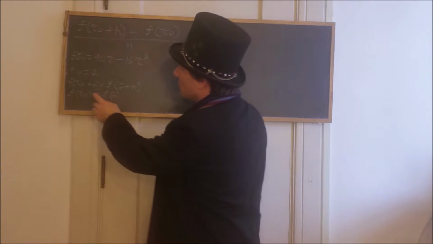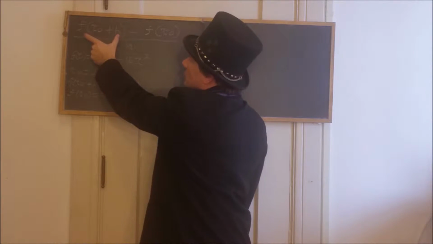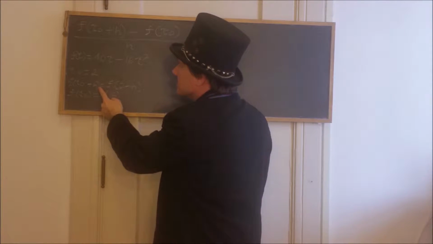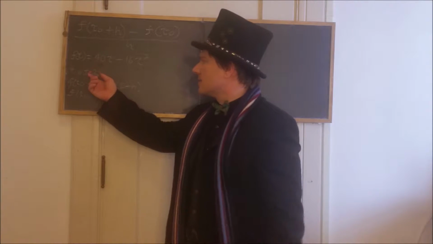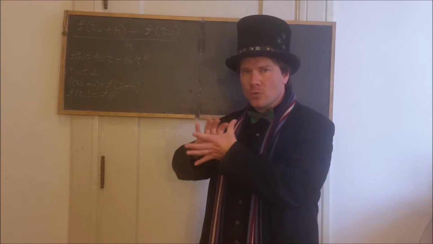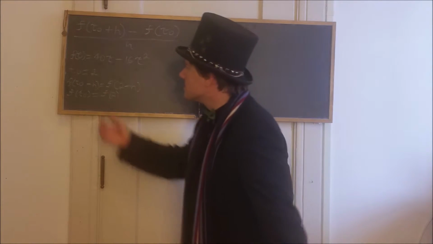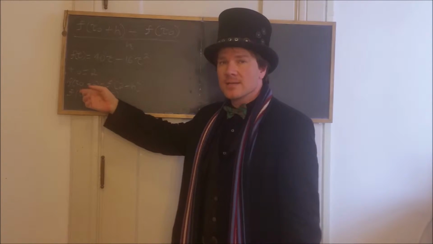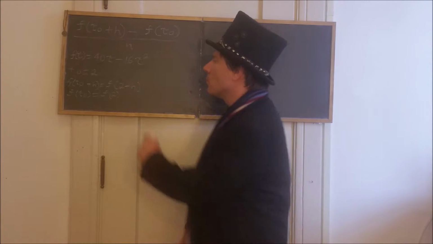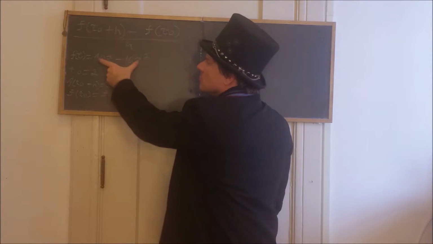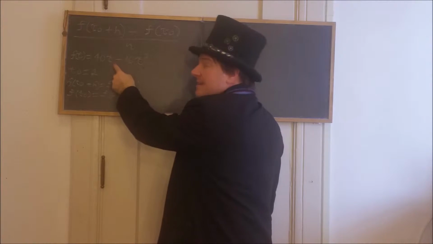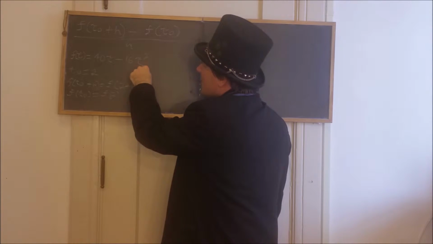And so what we want is to evaluate this side of the equation first. So we have f of t sub 0 plus h, and our initial time is 2. Our initial time and our concluding time is all 2. It's all one instantaneous time. So we'll plug 2 into the t sub 0. So we get f of 2 plus h, and we want to plug 2 plus h into this equation here. So we plug 2 plus h into that t, and we plug 2 plus h into that t.